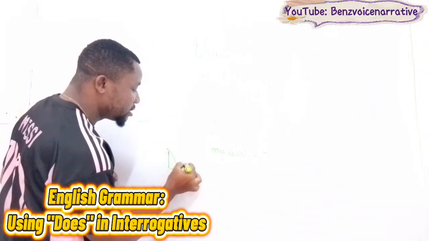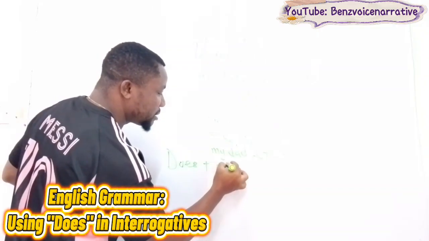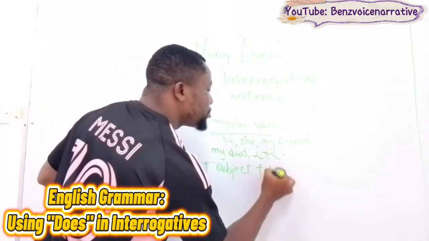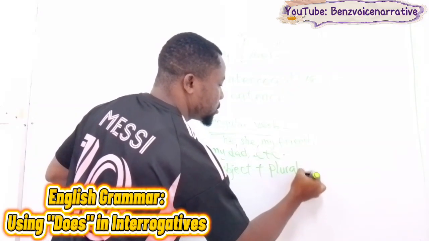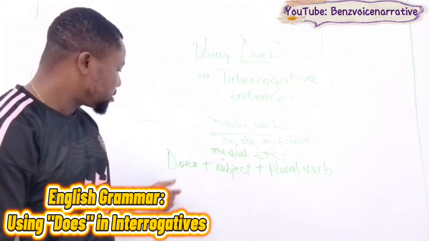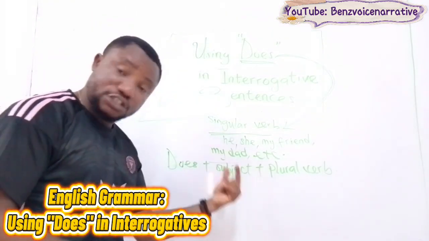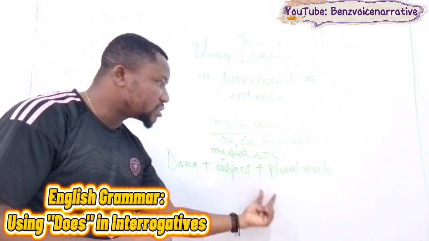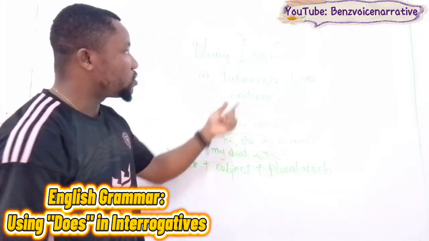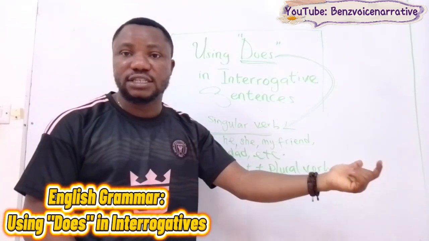For example, you say does plus the singular subject, plus a plural verb. This is how the formula works. Does plus the singular subject, then plus a plural verb. This is how the structure works when you're using does to make interrogative sentences.